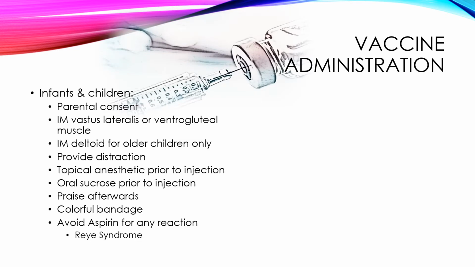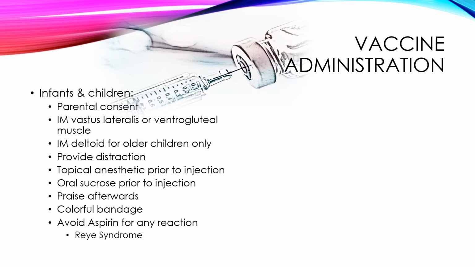Vaccine administration. This is going to be through the IM route for most administrations of vaccines. There are some that are oral for the infants, but other than that, most of these are going to be administered via IM. So with infants and children, we need parental consent. We cannot give a vaccine without the consent of the mother or father or whoever has custody of the child.